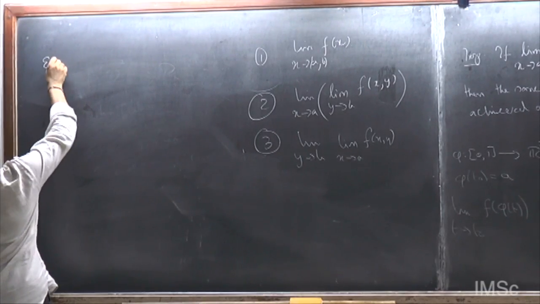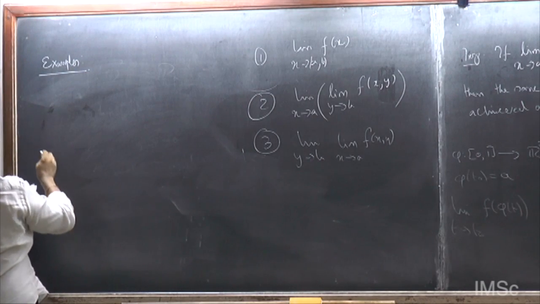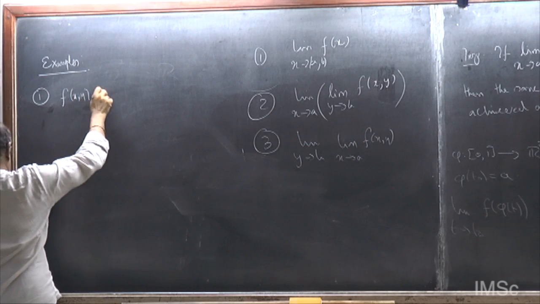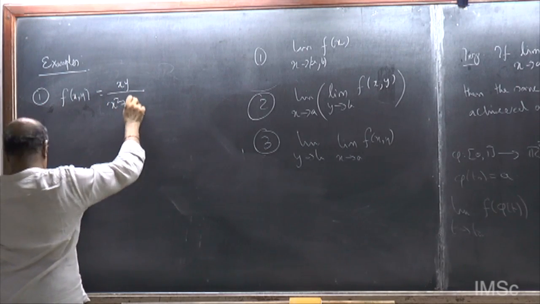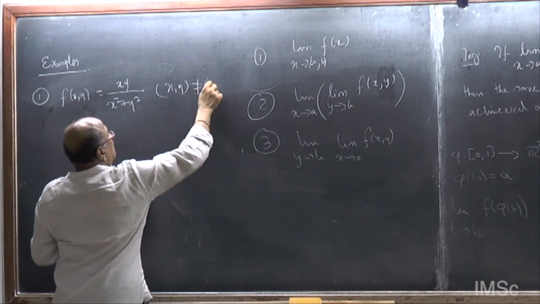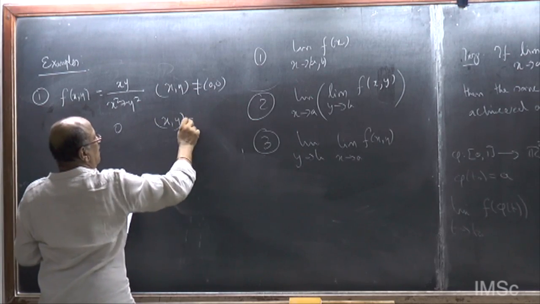So, examples. Let me define f of x y equals x y by x square plus y square if x y is not 0 0, and 0 if x y is 0 0.